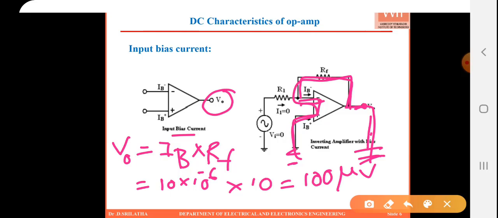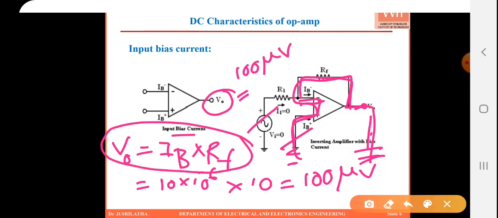So, even though we are not applying any voltage, that is V1 and V2 both are equal to 0, we are experiencing some voltage, some 100 microvolts, as output. This is all because of this biasing current. Okay, so that's why this unwanted voltage appears at the output terminal due to the biasing current, even if we are not applying any voltage.